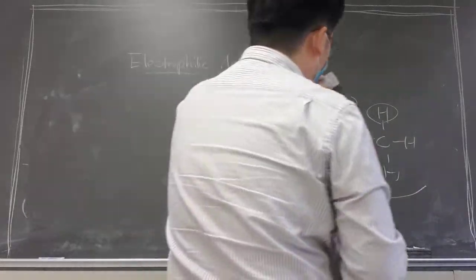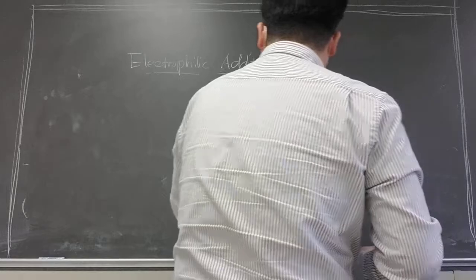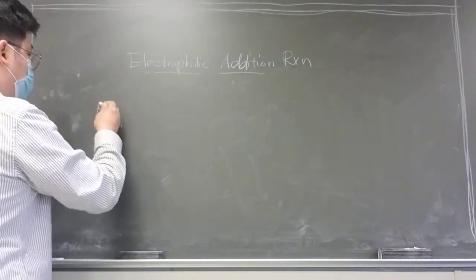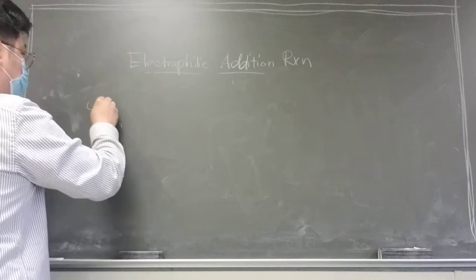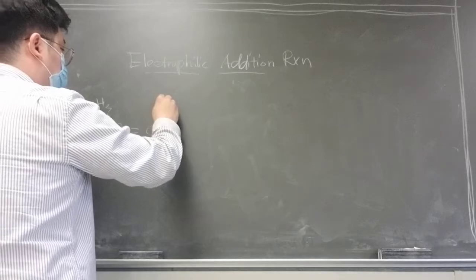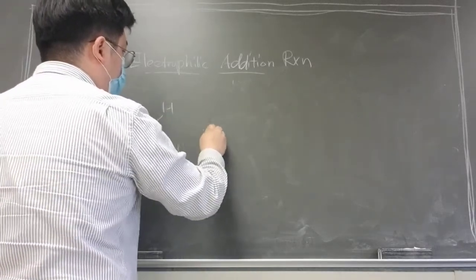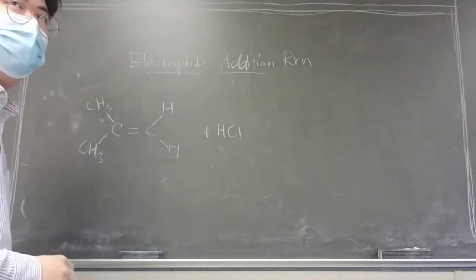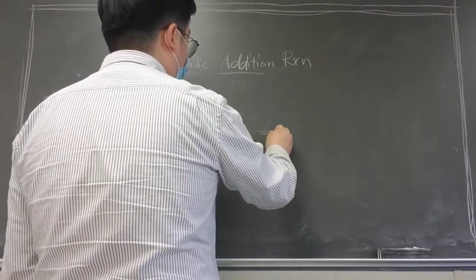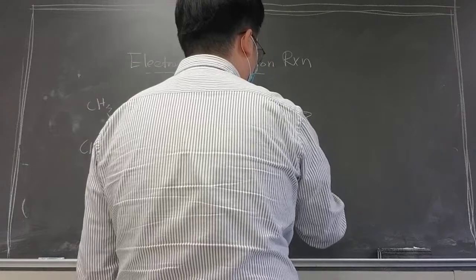Let me actually draw one more example here. I'm going to draw the same thing, but now with HCl. Let's do this different one. If you do this one, you can have two possible products.